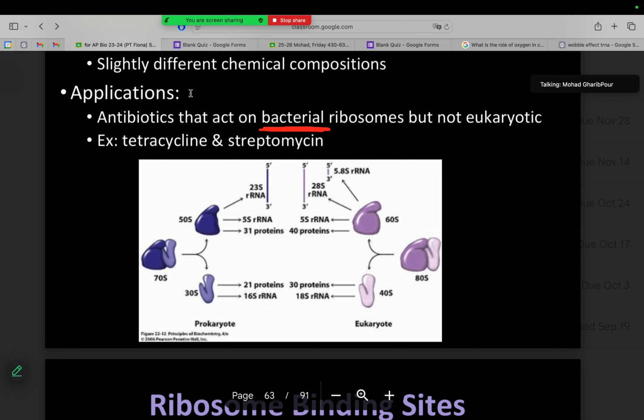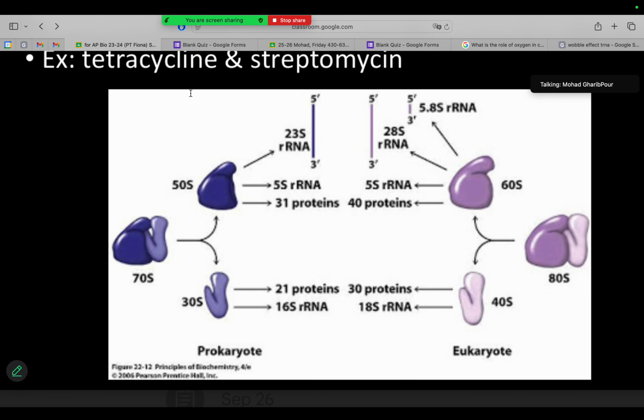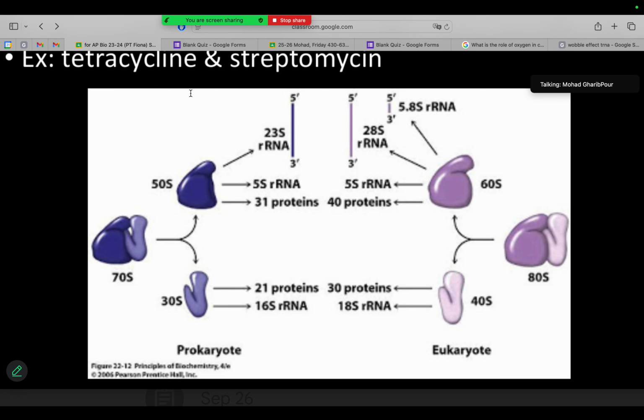So if we can target bacterial ribosomes, we can kill the bacteria without hurting the human. So how are they different? Let's look at this in detail. How are they different, the ribosomes, between prokaryotes and eukaryotes?